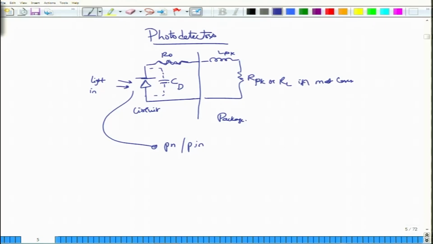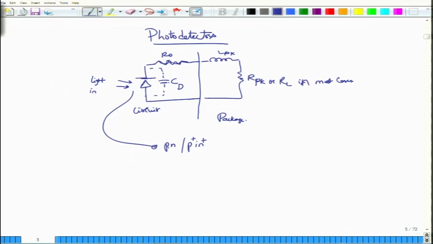Otherwise you can of course also use a simple PN junction, but these are not that efficient. So, you add an extra layer of I junction. Technically this should actually be called P plus I N plus, because the region surrounding the intrinsic region will be doped very heavily, so that the depletion region actually extends far into the other side as well. We will see why that is so.